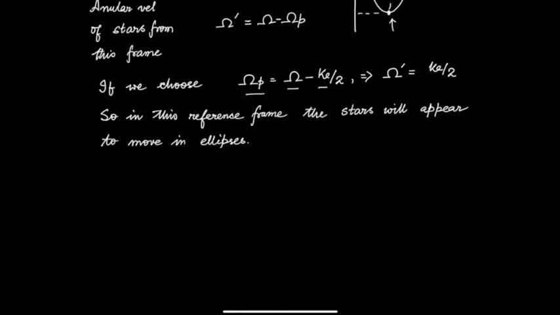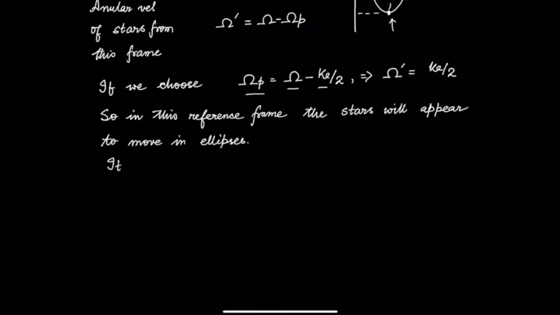Maybe I am sitting in a cart which is rotating with respect to the galaxy at an angular velocity omega p, and looking at the pattern, the stellar structures in the galaxy. Now it turns out that I can make an ellipse. I will see that every star is moving in an ellipse if I choose omega p to be omega minus kappa by 2. But that value of omega p depends on a certain radius. At all radii, omega minus kappa by 2 will not be the same.